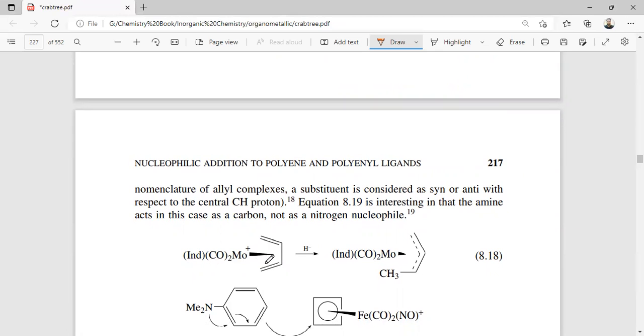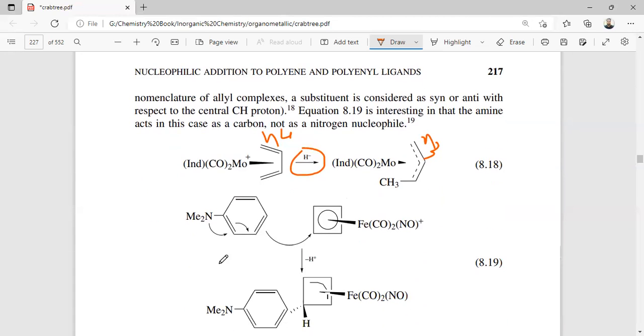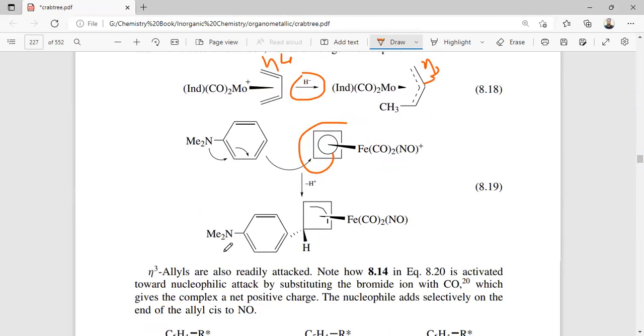So here is an example where this molybdenum complex, upon addition of H minus, goes from eta 4 to this eta 3 allyl complex. So here this amine attacks this cyclobutadiene to form this intermediate.